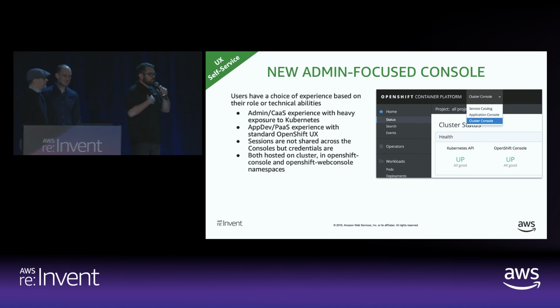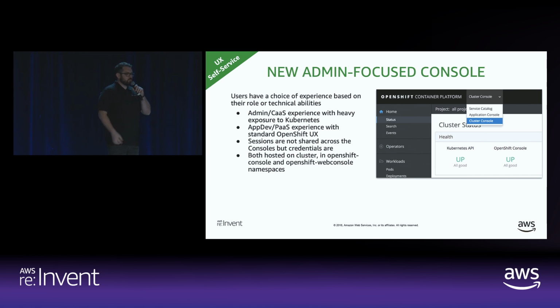So I'm going to talk about what's new in OpenShift 3.11. What differences have you seen? The first aspect here, once you spin up OpenShift and log into the web UI, is going to be the very first thing that you notice has changed. We now have new admin-facing consoles that you can use depending on who you are.